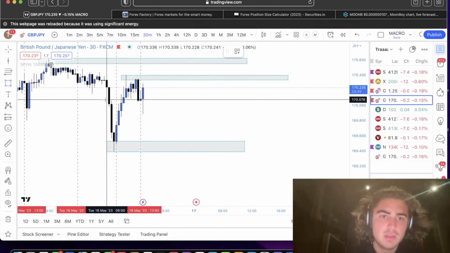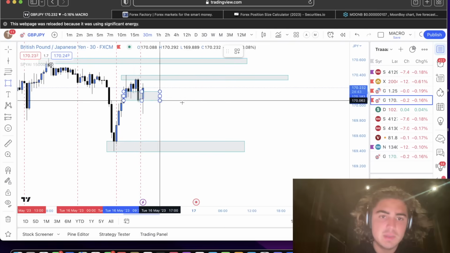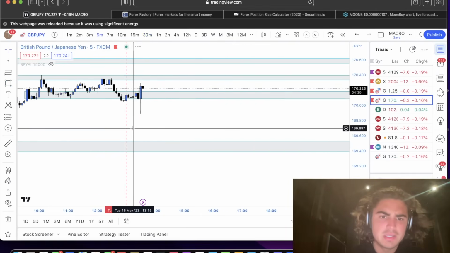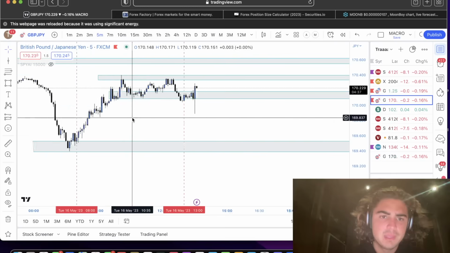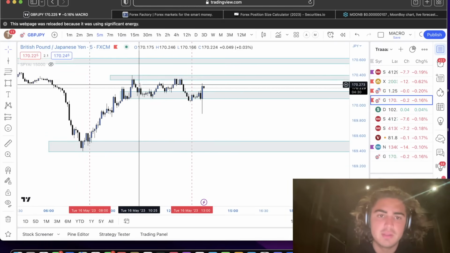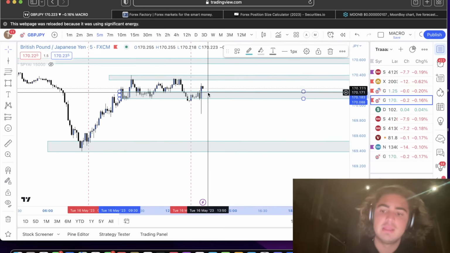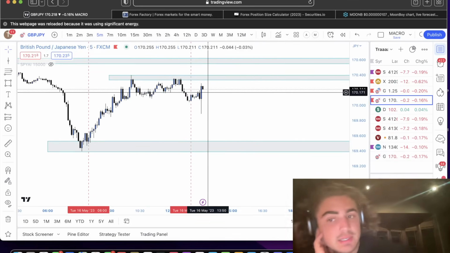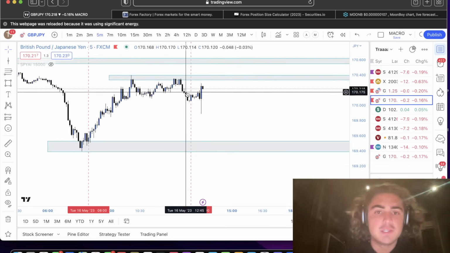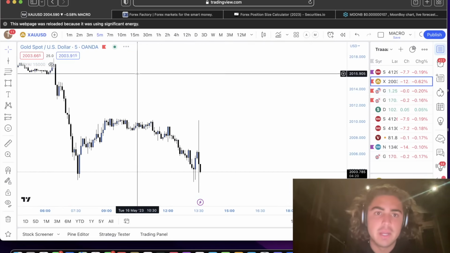It would have been these, but this is a bit too close to where New York opened, and I actually think, yeah, I don't really like this. Yes, this is considered a break of structure, but look, this high is right there, right? This is one of those instances where we can avoid taking a bad trade just by using our intuition, right? Using your brain.